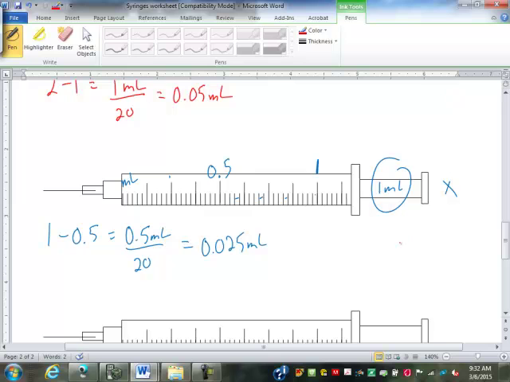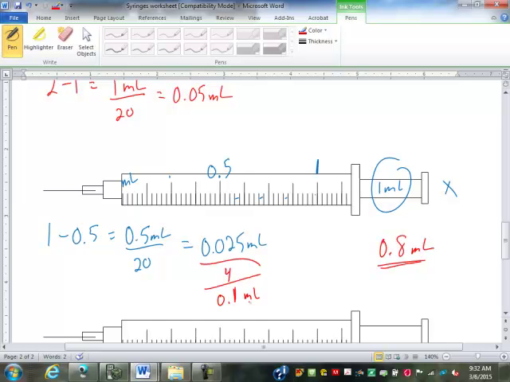If I wanted to find 0.8 milliliters on this syringe, rather than trying to count down by 0.025 milliliters per marking, I would say times 4, every 4 markings is 0.1 milliliters. Does that make sense? You could also do times 2, and every 2 markings would be 0.05 milliliters.